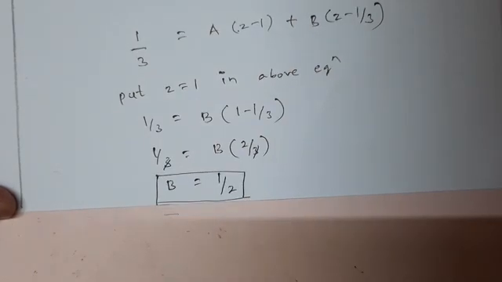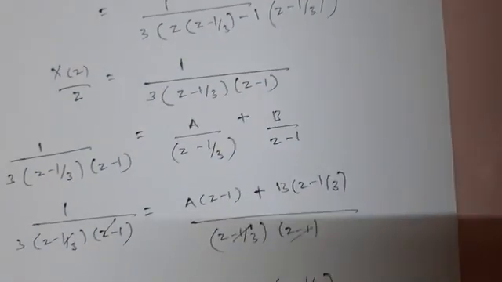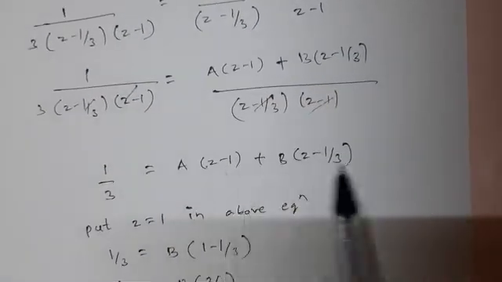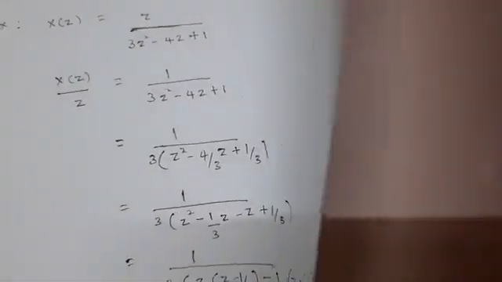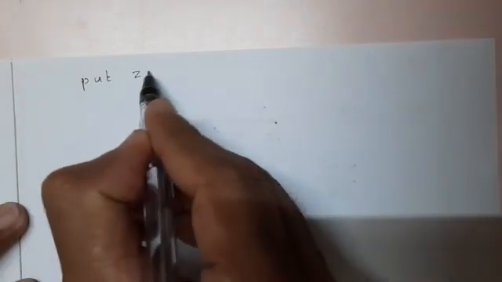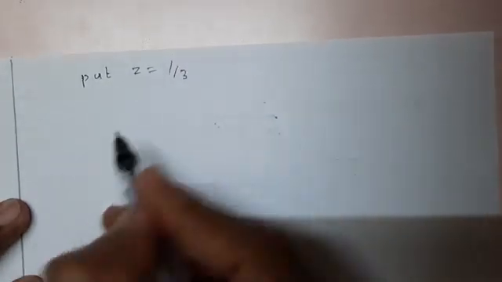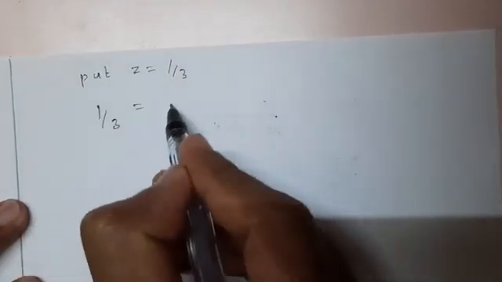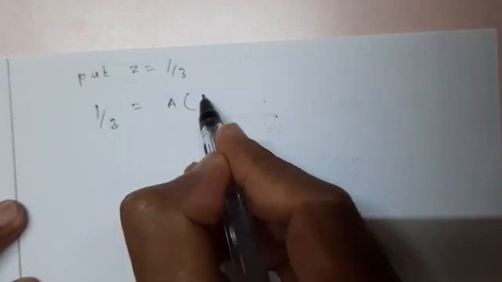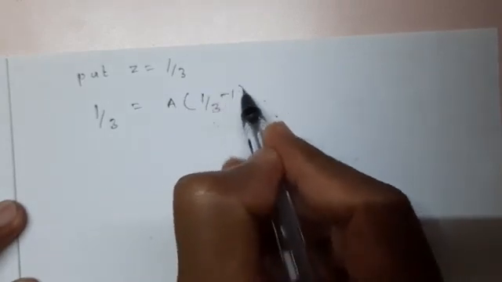This is my B. Similarly, in this equation put z = 1/3. So what is it, 1/3 = A into (z - 1) plus B into (z - 1/3).